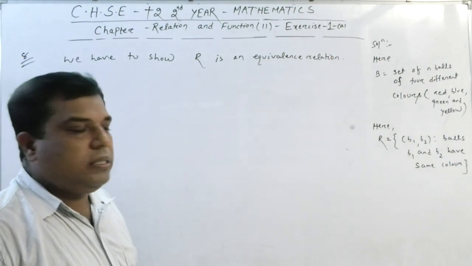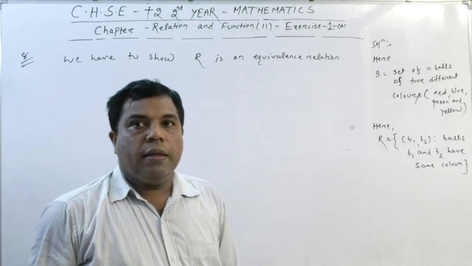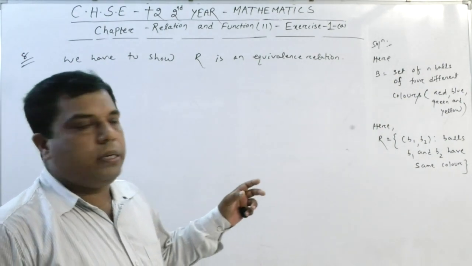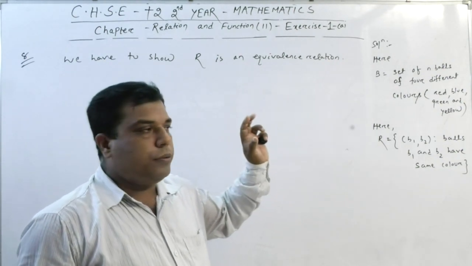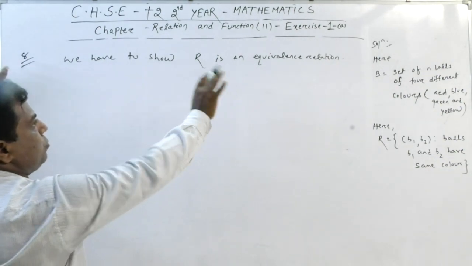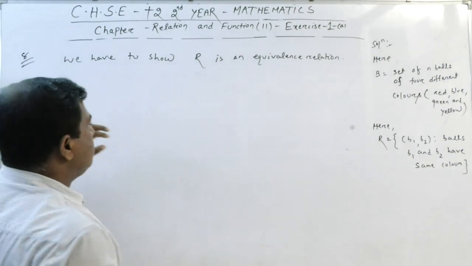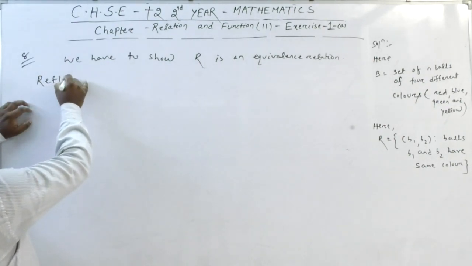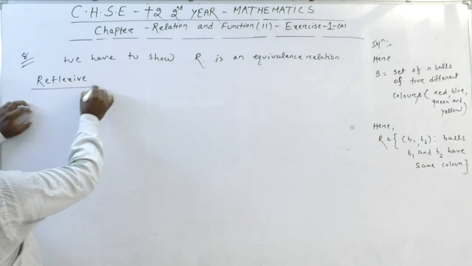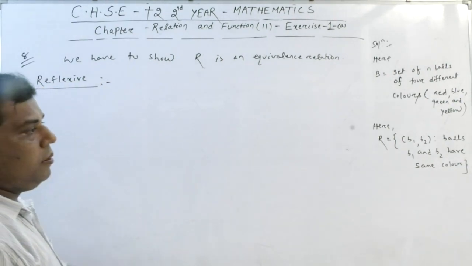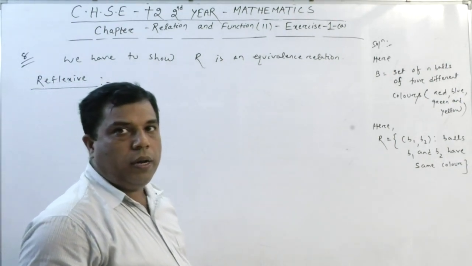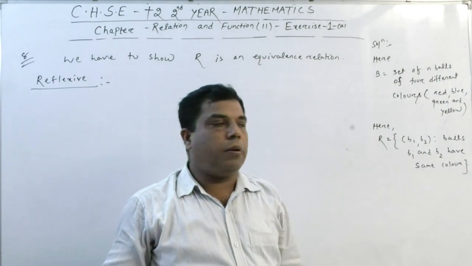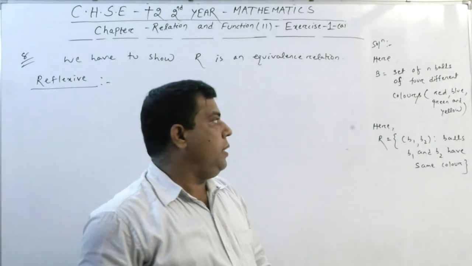Now for it, what do we do? We have to show R is an equivalence relation, so first for reflexive. Suppose we take a ball, any ball from the set B.